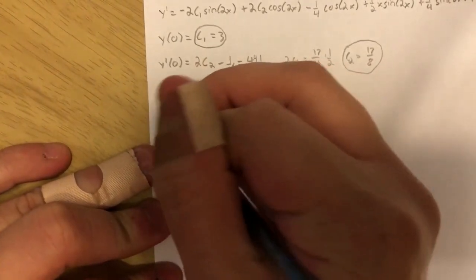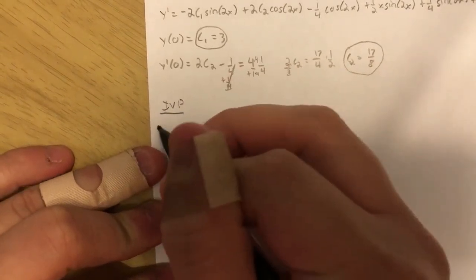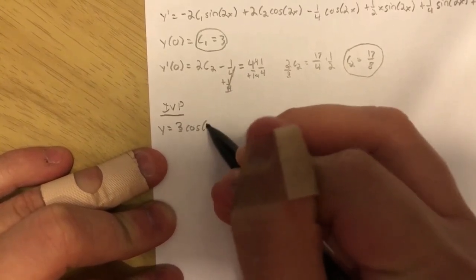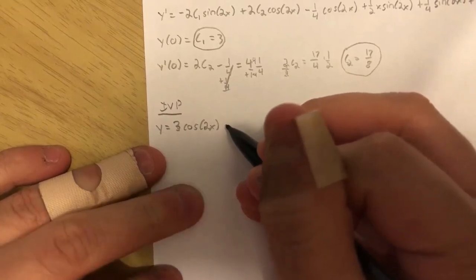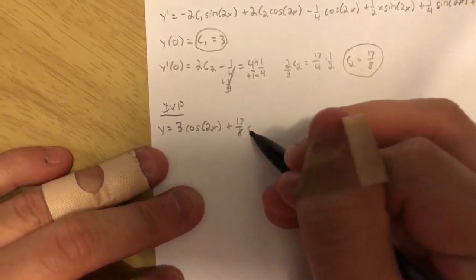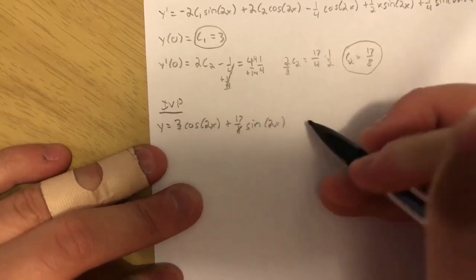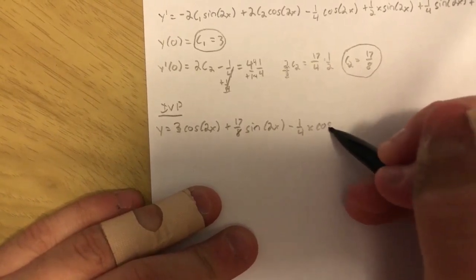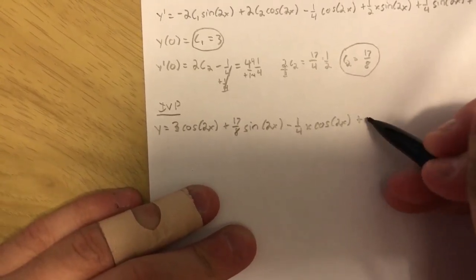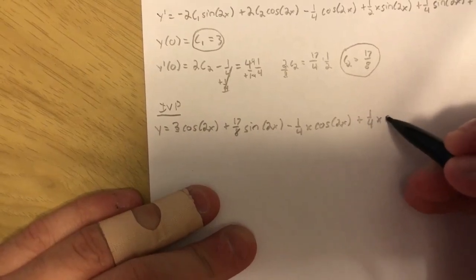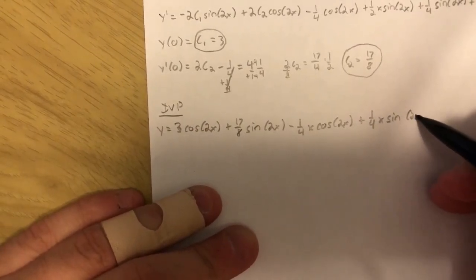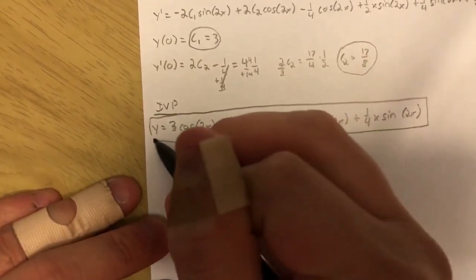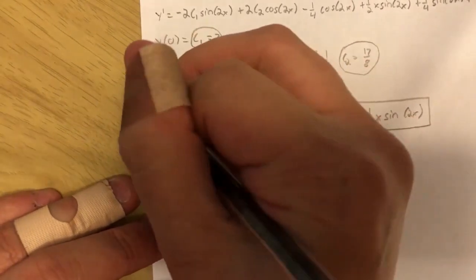So for our IVP, we find that y equals 3 cos of 2x plus 17/8 sine of 2x minus 1/4 x cos of 2x plus 1/4 x sine of 2x. That is our final answer for part D.